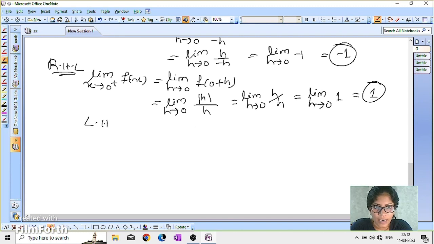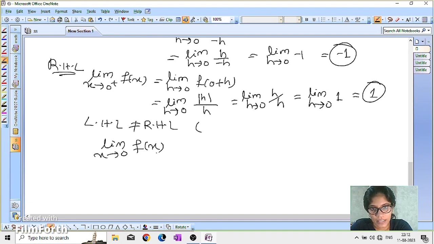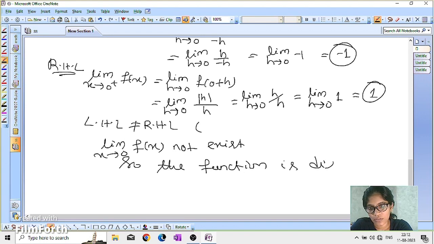Since left hand limit is not equal to right hand limit, that means limit x tends to 0 f of x does not exist. So the function is not continuous, it is discontinuous. Okay.